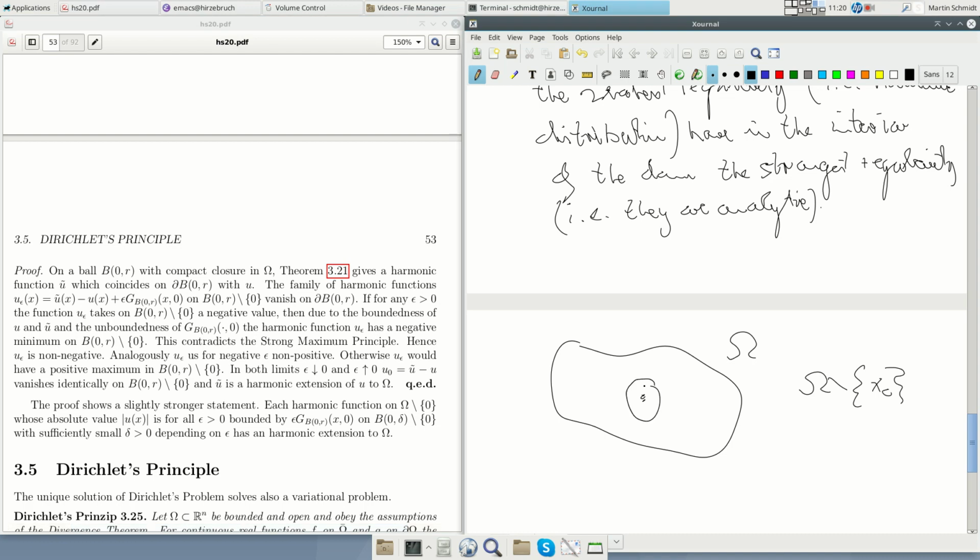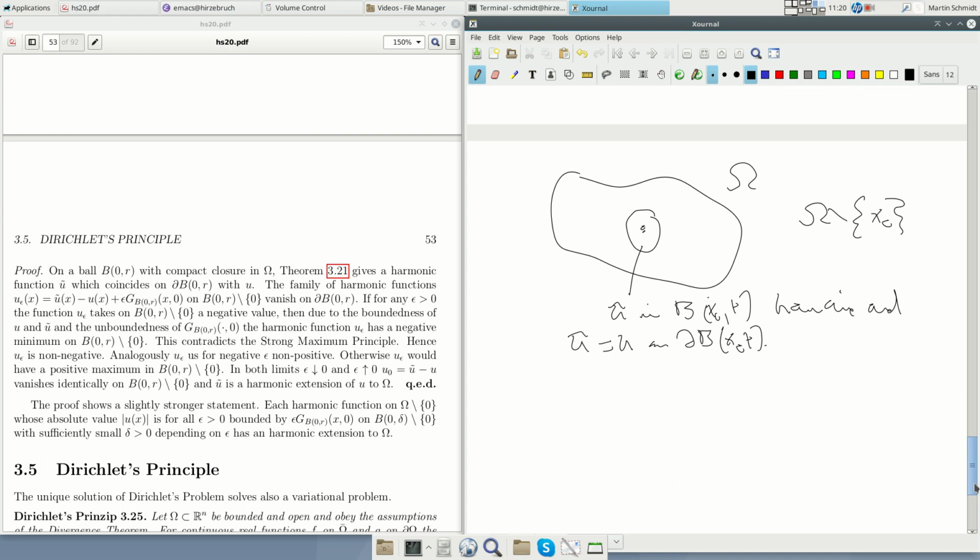So we choose a ball and define U tilde in this ball B of x0, r, sorry, x0 I should write, which is harmonic in the inside, and U tilde is equal to U on the boundary. We know that this exists. We constructed this solution of the Dirichlet problem.